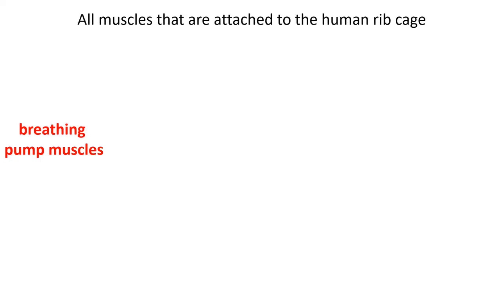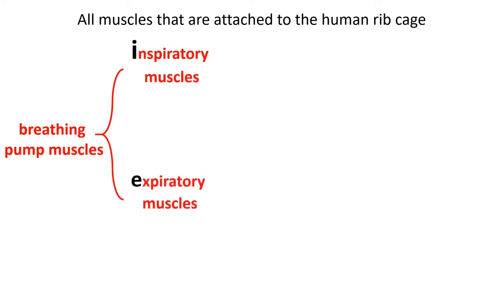Let us start with a simple classification and simple idea about the respiratory muscles or the breathing pump muscles. These muscles are usually attached to the ribs, and there are inspiratory muscles and expiratory muscles.